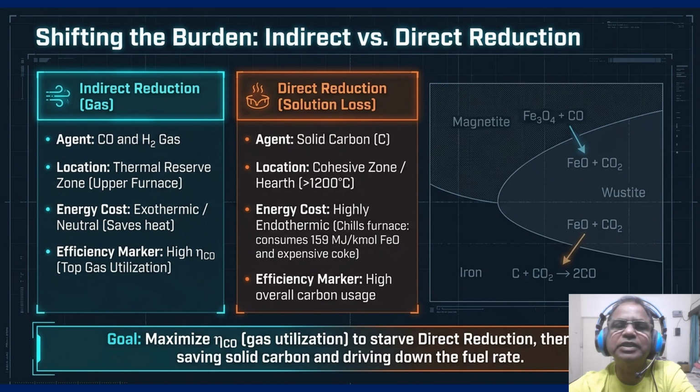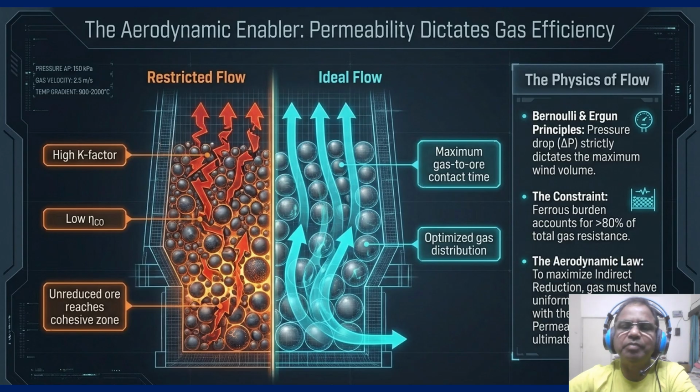However, you can only achieve high gas utilization if the gas can actually reach the ore. The aerodynamic enabler is our permeability, which we are talking about. Permeability basically dictates gas efficiency, chemistry is a servant to aerodynamics.